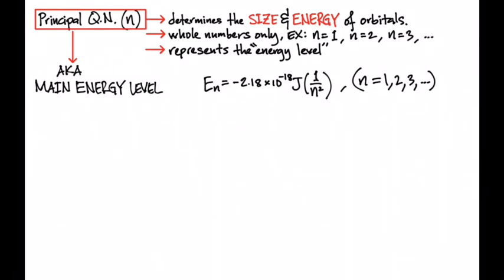So if you have n equals 1, then E sub 1 is equivalent to negative 2.18 times 10 to the negative 18 joules. So that would be the energy of that electron at that specific energy level, n equals 1.